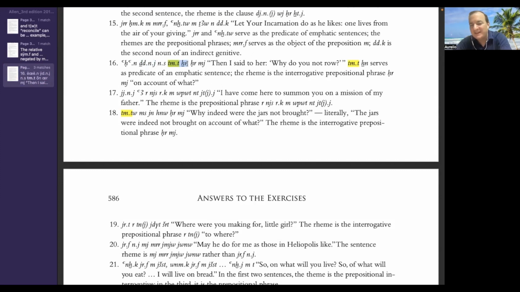Paye tem shen, I guess. What is it with you not rowing? I think that's how you would say it. In Late Egyptian, you can do it. In Middle Egyptian, you can do it completely differently. Temet shen kharmi. You're not rowing upon what? Why are you not rowing? Kind of cool.